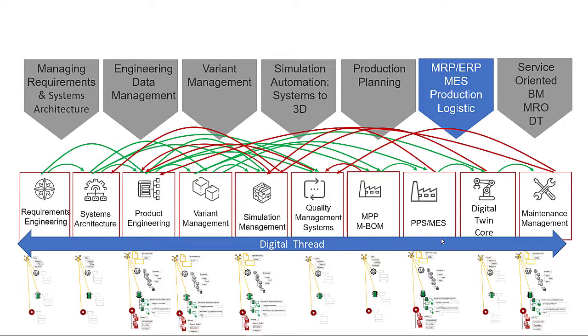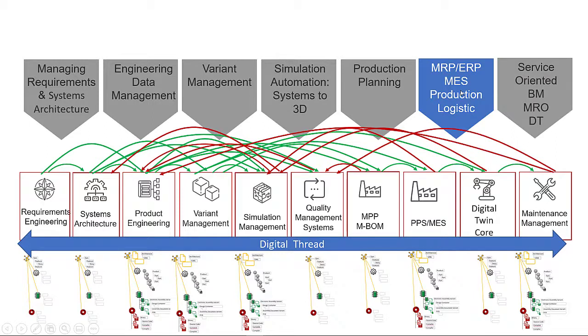We have the PLM functions: requirements management, system architecture, product engineering for the design, variant management, simulation management, quality management. We have manufacturing process planning, the so-called MBOM, the manufacturing BOM. We have the manufacturing execution system, the digital twin core, and the maintenance, repair, and overhaul management.